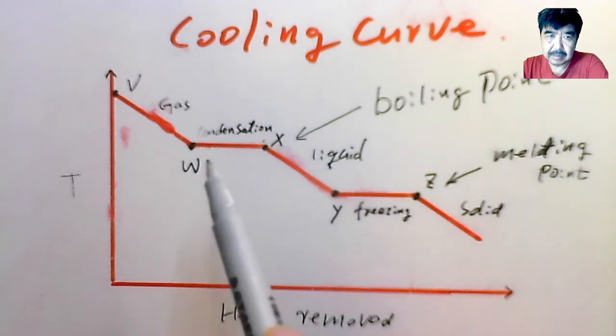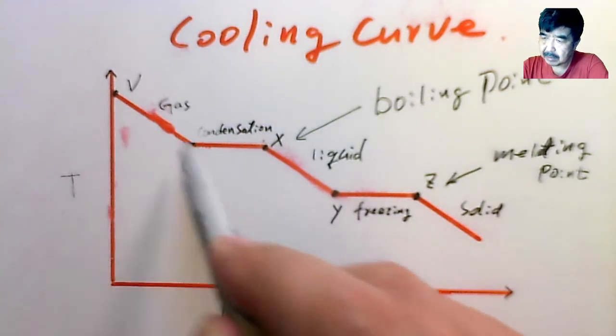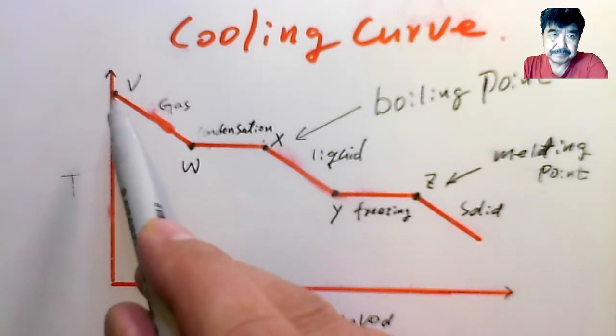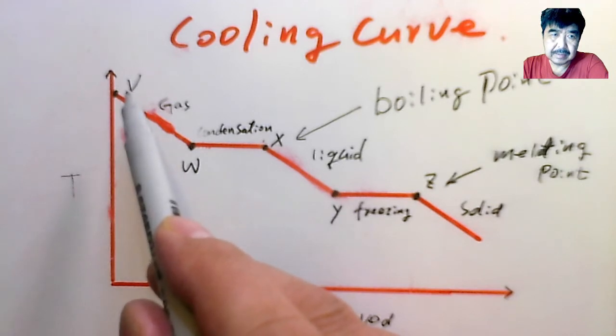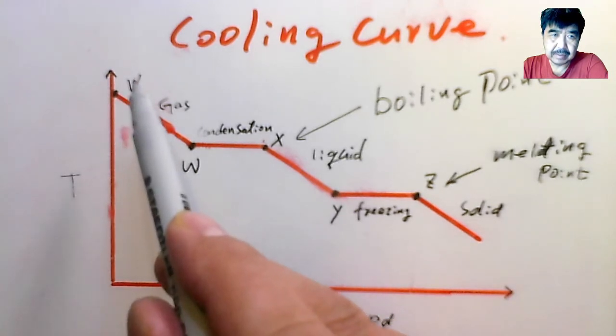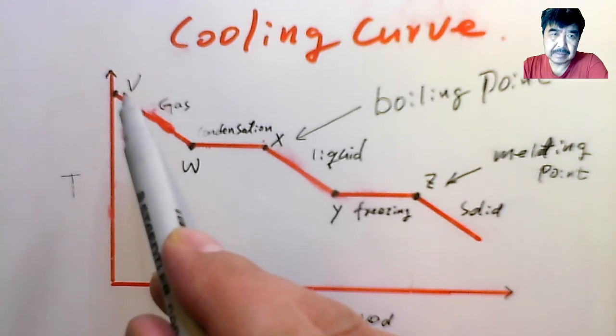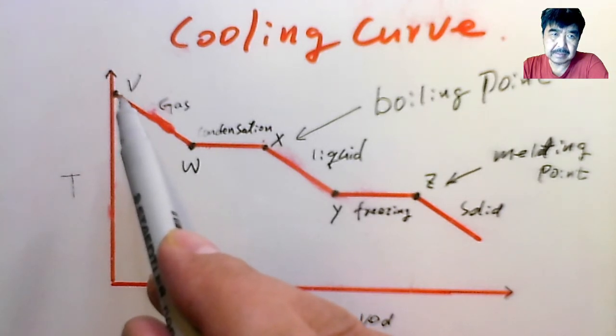Generally you can see the curve is going down. We start from the gas. At point V, the substance is in the gaseous state.